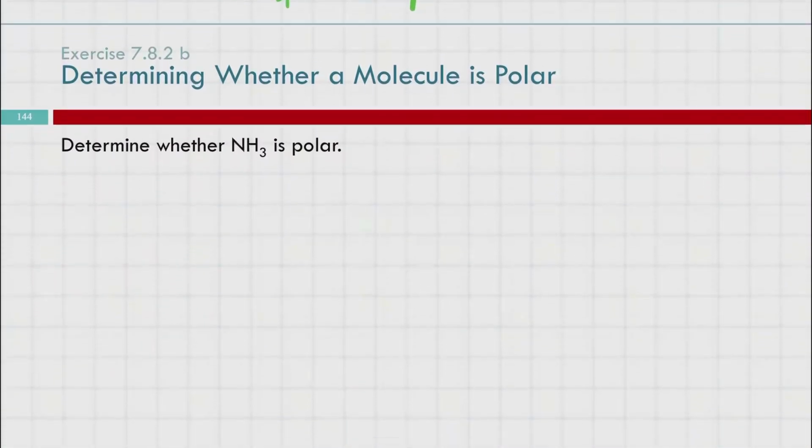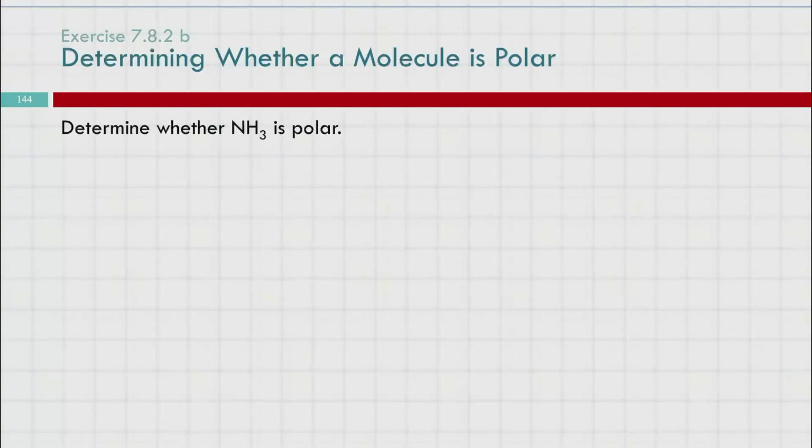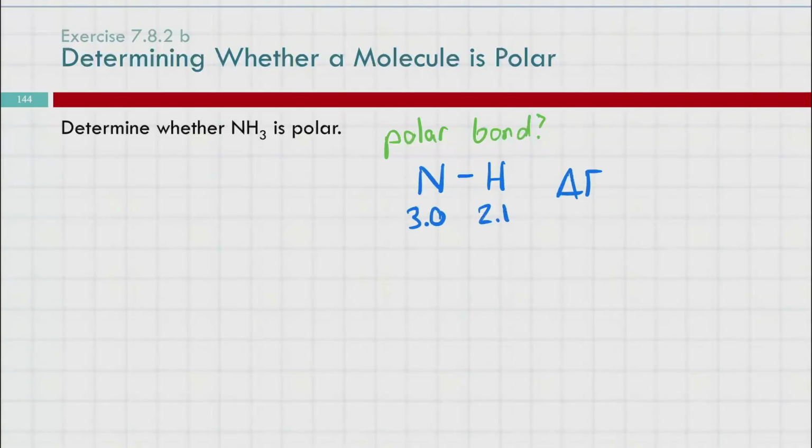All right, let's do the same thing for NH3. The first thing we want to check, do we have a polar bond? This time we're going to have nitrogen bonded to hydrogens. Nitrogen's electronegativity value is 3.0. Hydrogen is still 2.1. So our difference in electronegativity is 0.9.